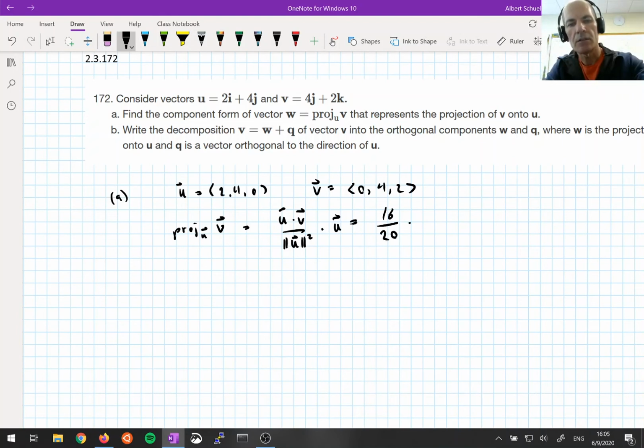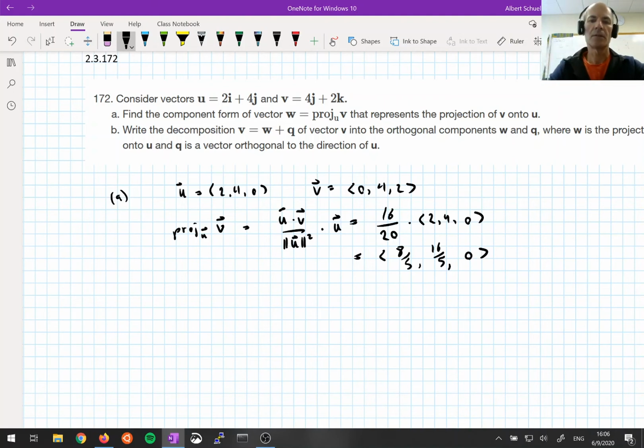And then the vector u is 2, 4, 0. Let's simplify this as much as possible. This simplifies to 4/5, and distribute it onto the components. So we get 8/5 in the first coordinate, 16/5 in the second coordinate, and 0 in the third coordinate. And this is the vector w.